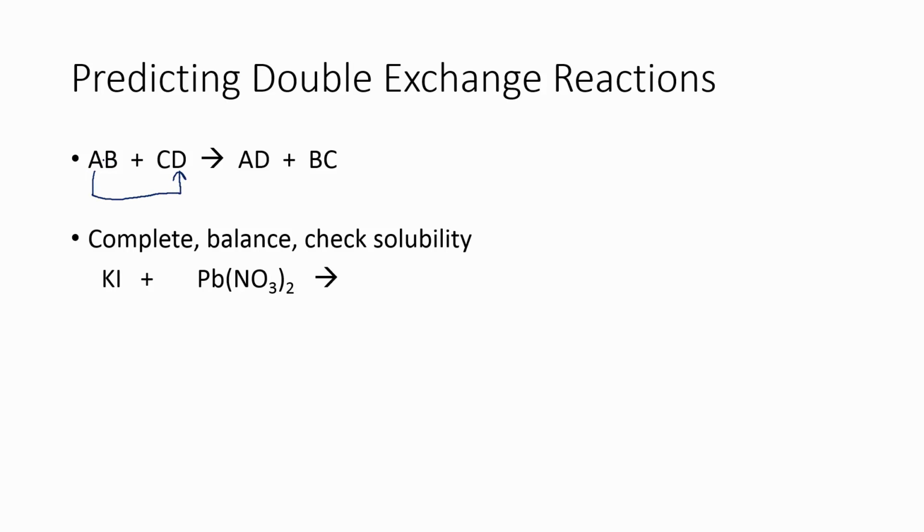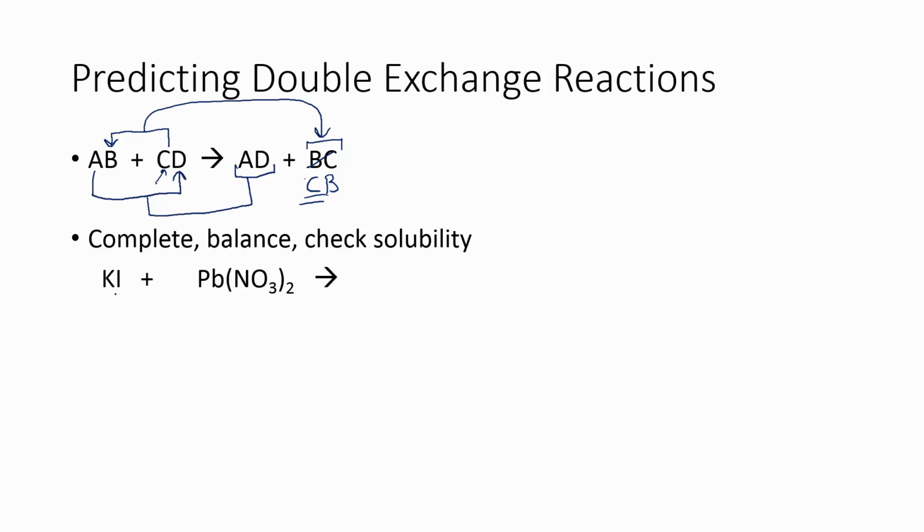If I have two ions attached together and two ions attached together, the cation of the first and the anion of the second will combine to form a new compound, and the cation of the second will combine with the anion of the first and form a new species on the product side as well. Keep in mind when we rewrite these, we're going to write this in reverse. We'd put C first, CB, because C is the cation here. Otherwise, all we do is switch partners and rearrange.